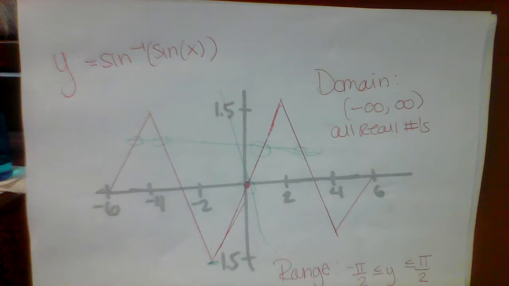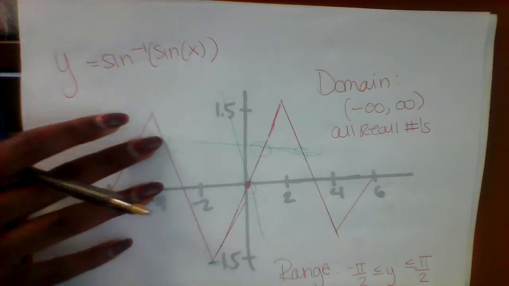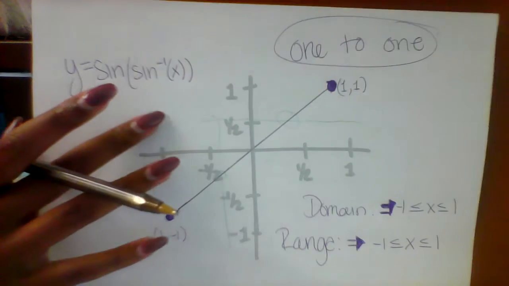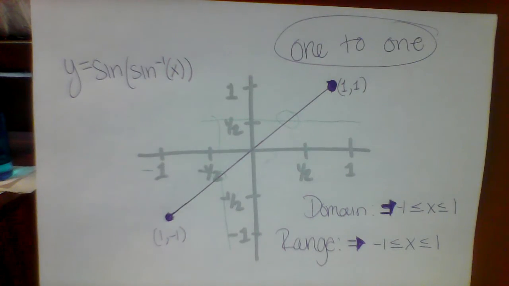But for a function to be one-to-one, it has to pass both the vertical and horizontal. And so that's the hugest difference there. So that's the two graphs of y equals sine inverse of sine of x and y equals sine of sine inverse of x. And those are the two questions.